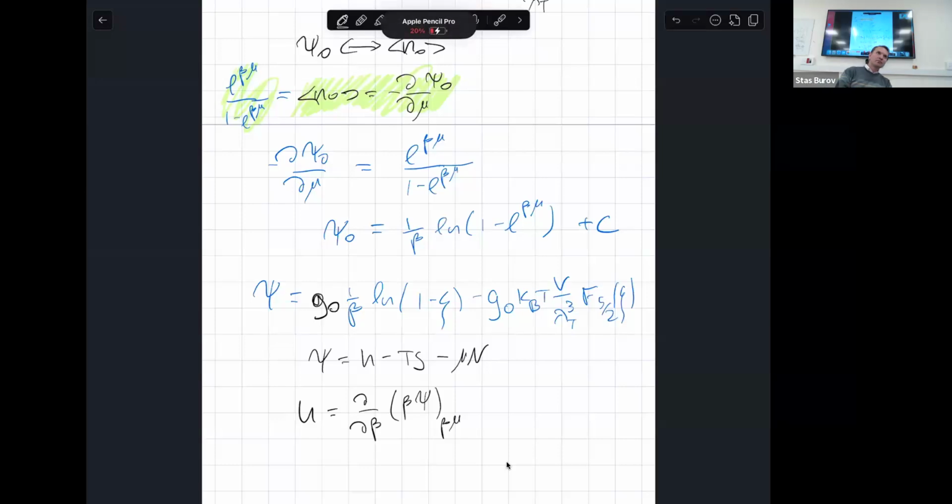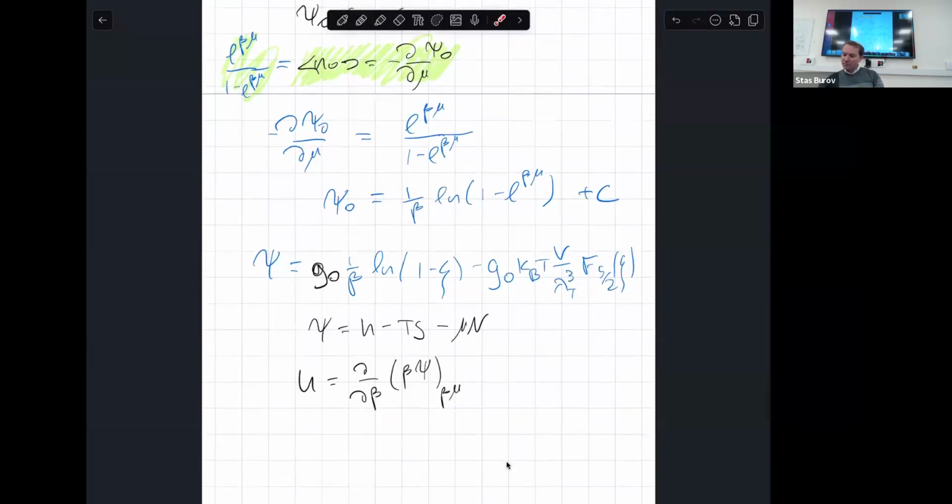All those are the different Legendre relations. If you have one quantity and you perform a Legendre transformation, you get another quantity. To go backwards, you have to take a derivative with respect to some specific parameters. And those are the parameters that we have here. Great. So now we can take this.